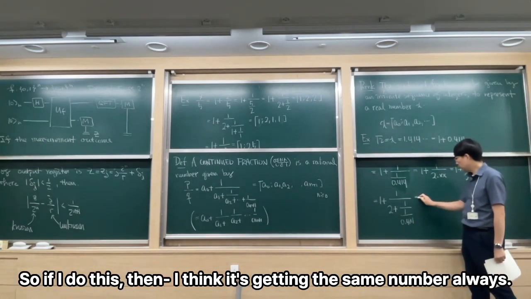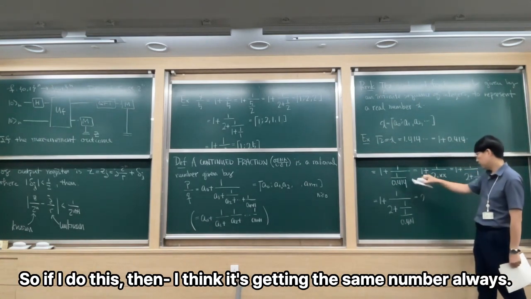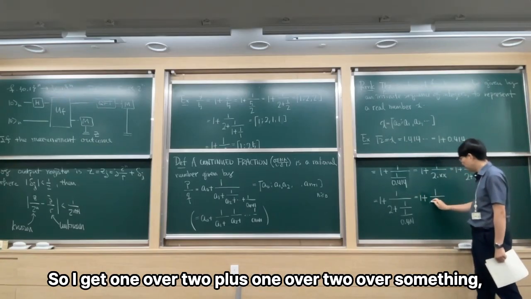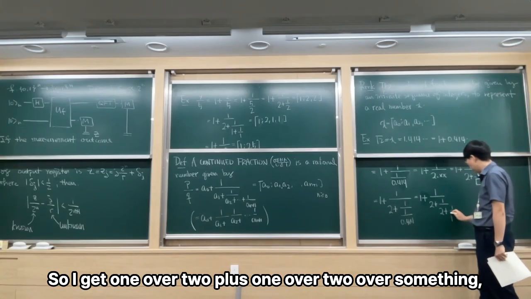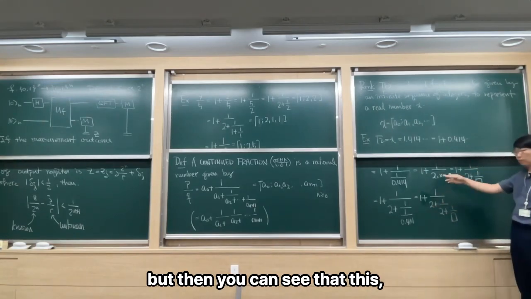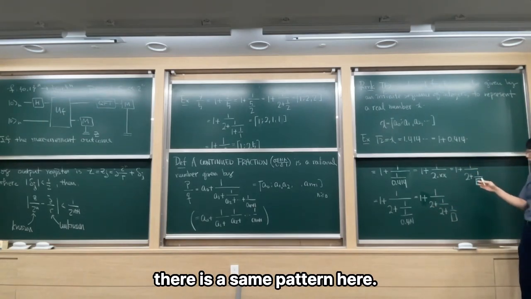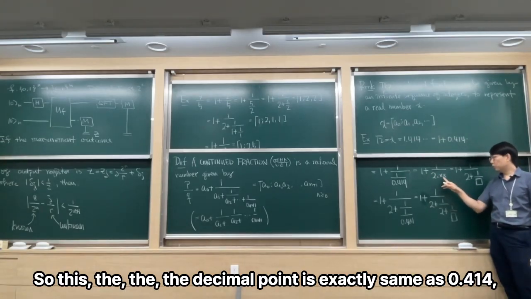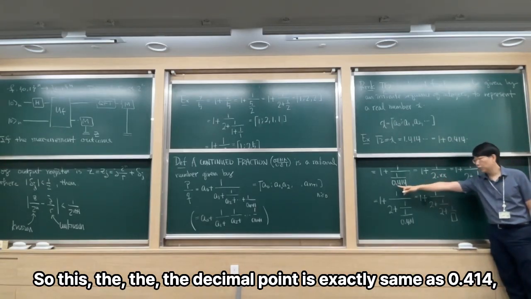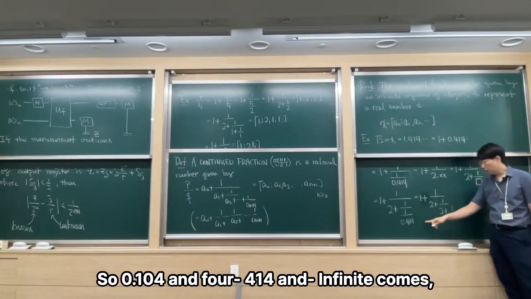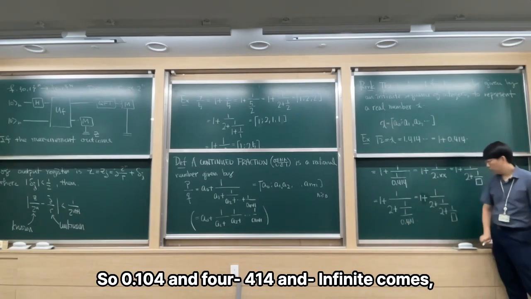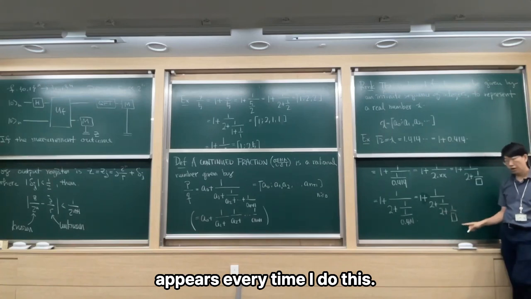So if I do this, then I think it's getting the same number always. So I get 1 over 2 plus 1 over 2 plus something. But then you can see that there's the same pattern here. The decimal point is exactly the same as 0.414. So it's iterating: 0.414 and infinite appears every time I do this.